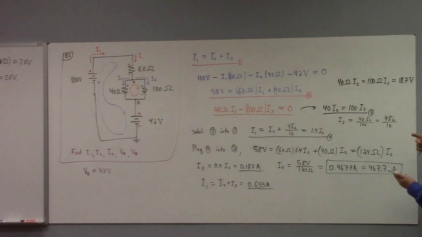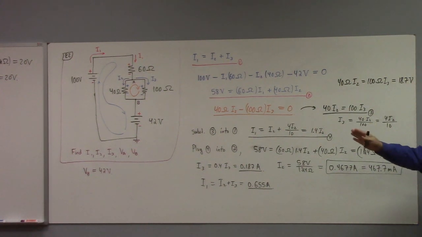That's what I got for 100 times 0.187. I3 was 0.187, yeah. I2 times 40, what's that? 0.4677 times 40, I get 18.7. So 18.7 volts, however you slice it, either through the 100 or through the 40. Either way, Ohm's law gives me 18.7 volts across the parallel combination.